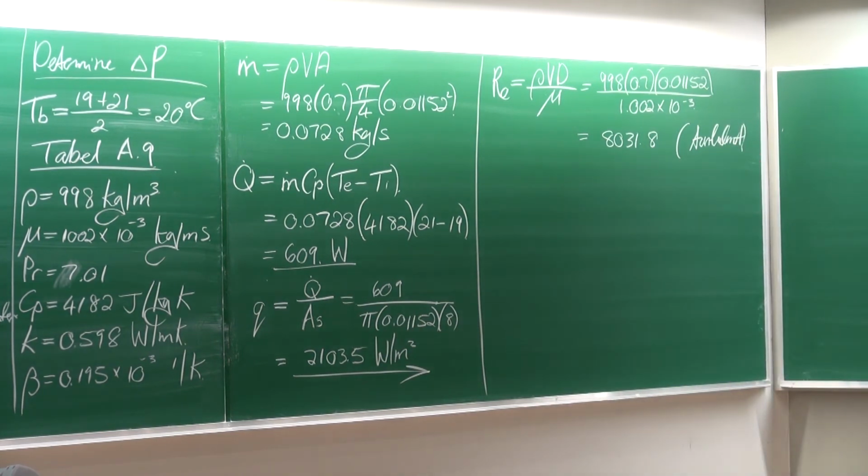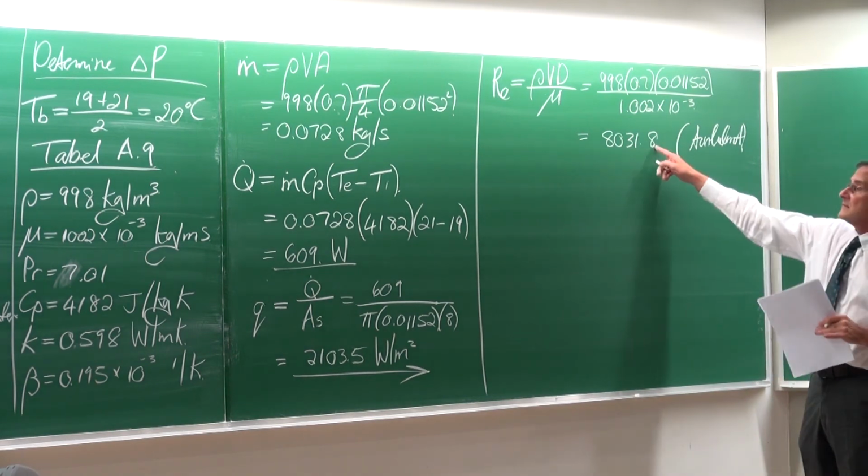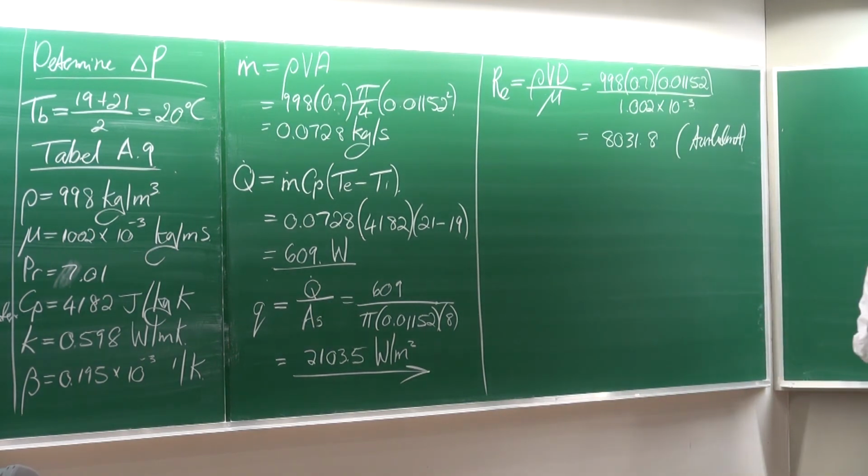For a circular tube, transition between laminar flow and turbulent flow occurs at a Reynolds number of approximately 2100 to 2300. It's much larger, so the flow is turbulent.